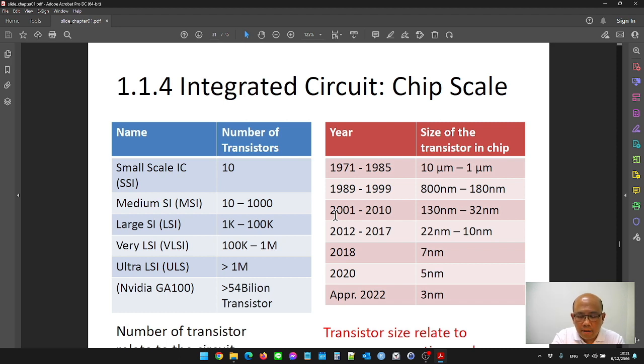On the right-hand side, the red table is related to the transistor size. When I compare, if I install about 10 transistors into an IC, we call the technology a small scale integrated circuit.